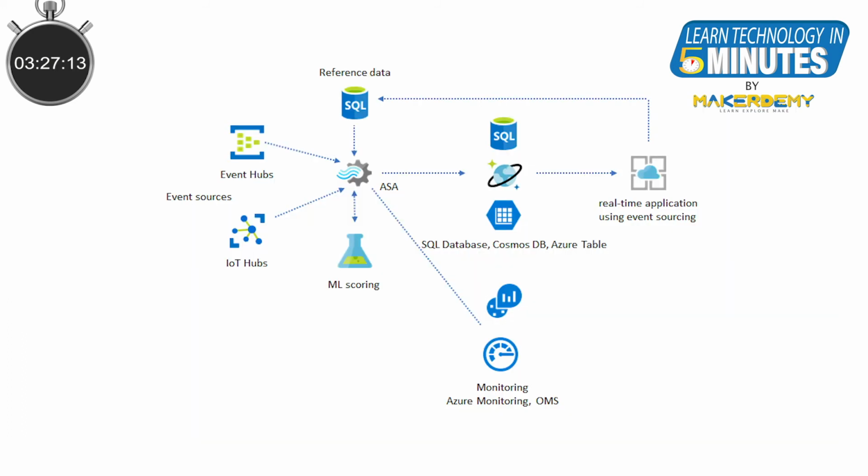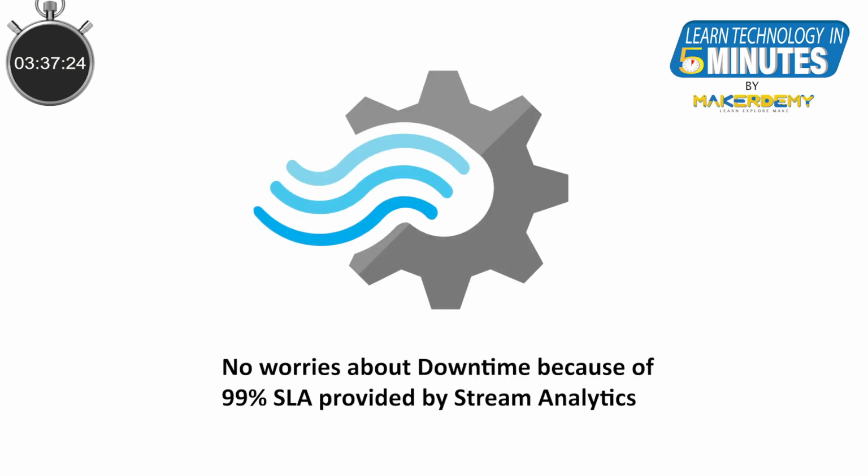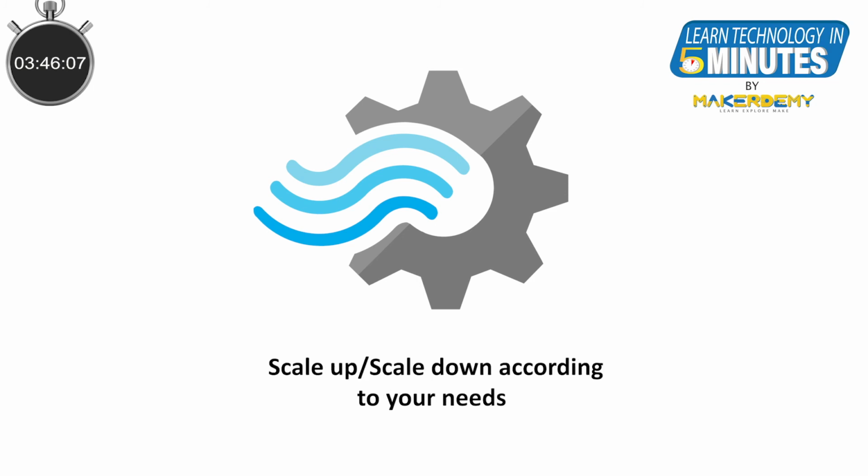Stream Analytics can process high volumes of fast streaming data with ultra-low latency from multiple sources simultaneously. You also don't have to worry about the downtime because of the 99.9% SLA provided by this service. With all of these features, you also have the option to scale up or down according to your needs.